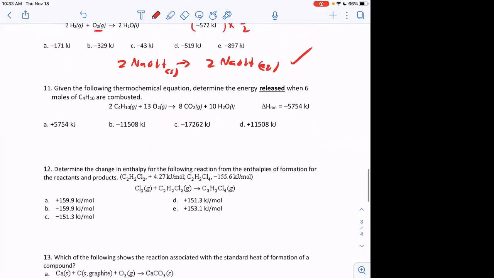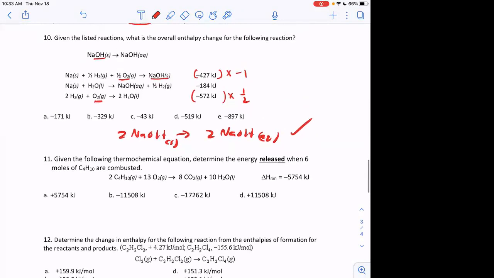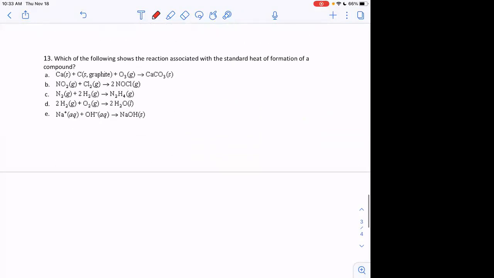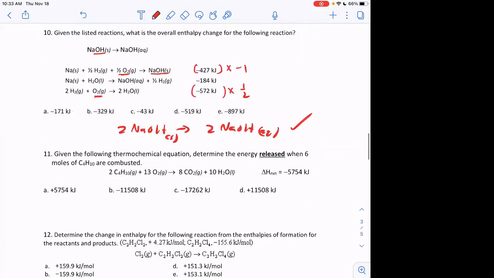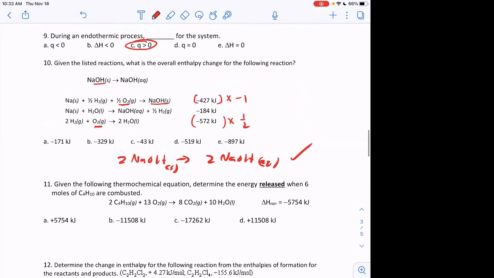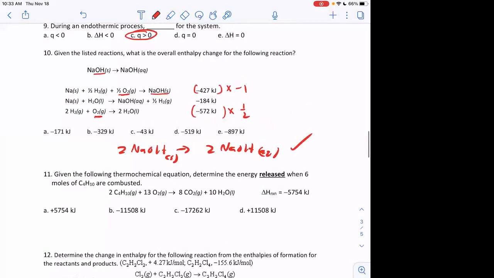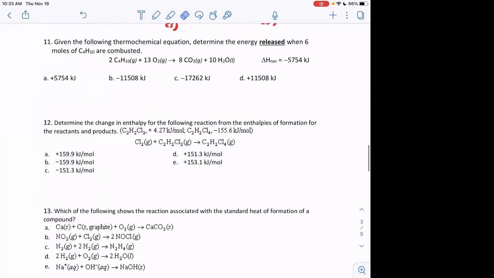I'm going to have sodium solid because I'm flipping that top one. Sodium hydroxide solid, so we're flipping it.